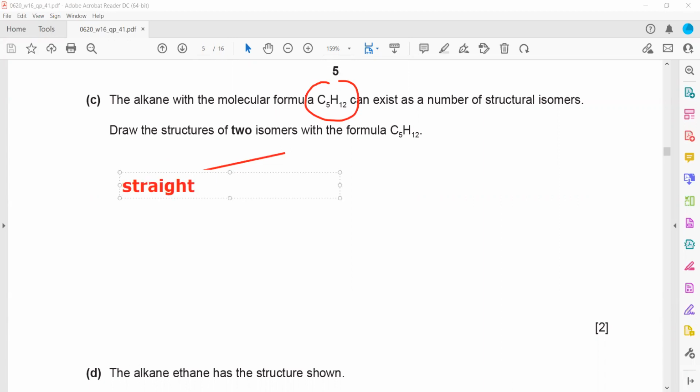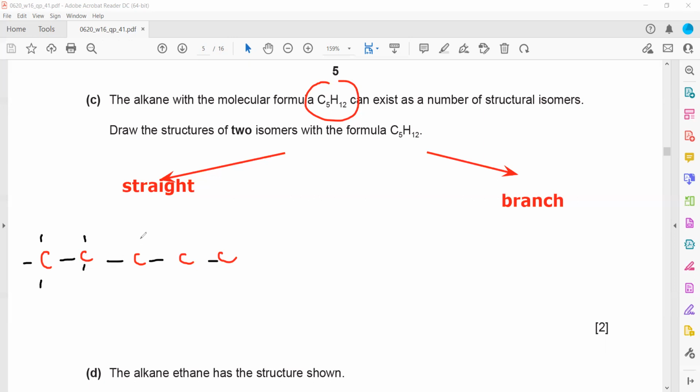So 5 carbons are there, 1, 2, 3, 4, 5. They are linked with single bonds because it's an alkane. This will have 3 hydrogens, this will have 2 hydrogens. I will write the hydrogen H. And for the other one, draw 4 in a straight chain and one of them as a branch, but don't put the branch on the first one. A branch should always start from the second.